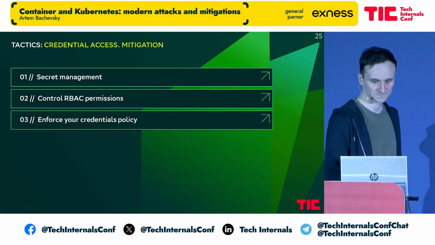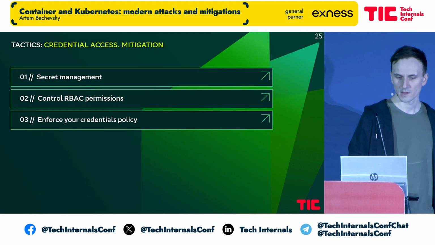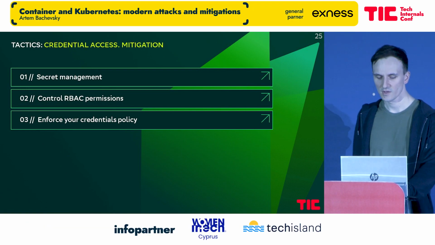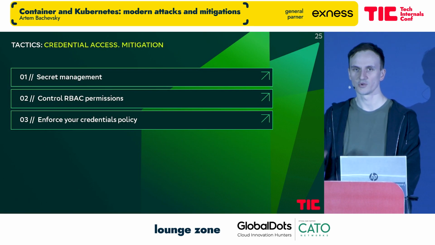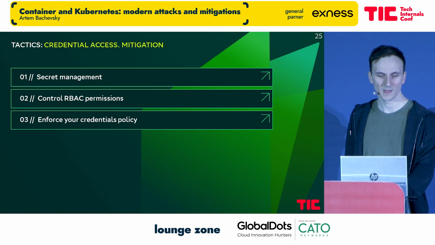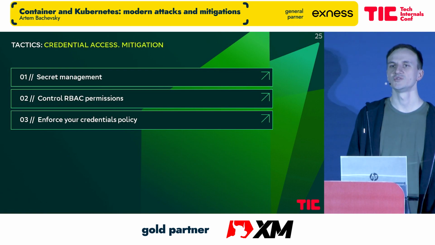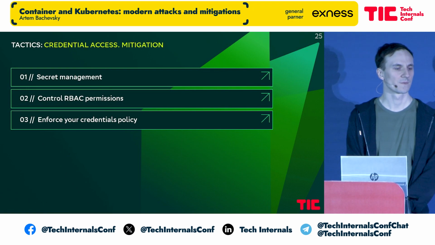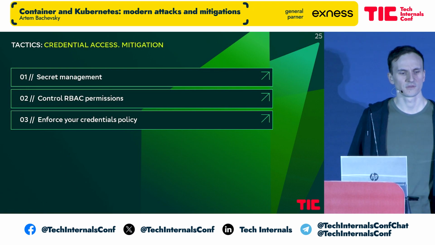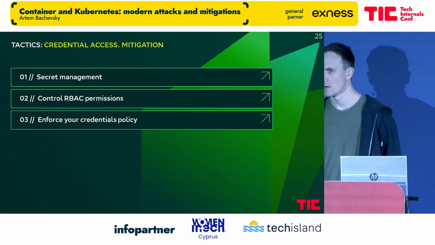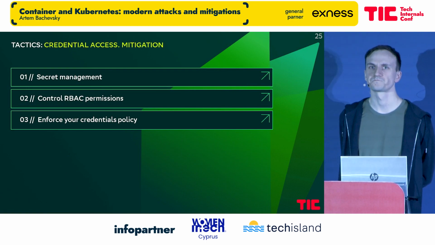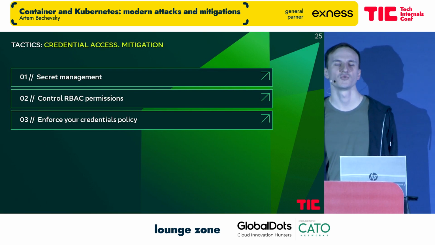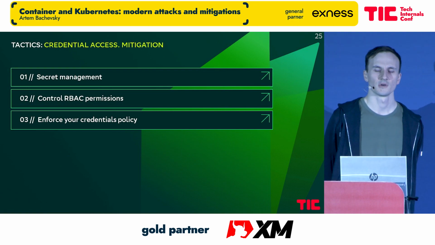So how to mitigate it? At first, use secret management. Again, control RBAC permissions. We talked about the listing of secrets. Think about more targeted ways to do it. And enforce your credential policy to not allow weak passwords or default passwords. Also, I think there should be something like blocking the accounts and IP addresses that try to guess your password.